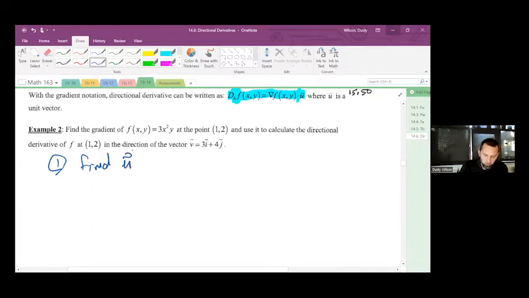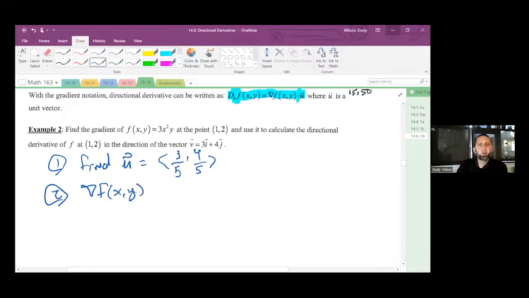U is a unit vector, so it will be the v vector, 3, 4, but we need to divide each of these terms by the magnitude of the vector, which is 5. So 3 over 5, 4 over 5 is our u vector. And 2, we can find our gradient vector.